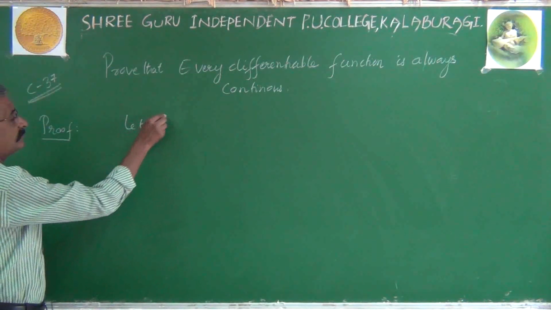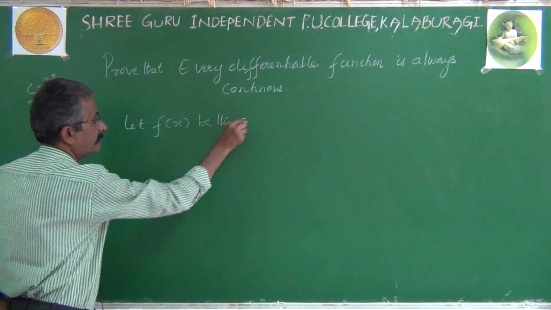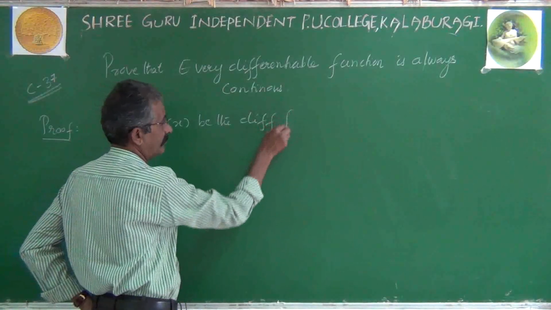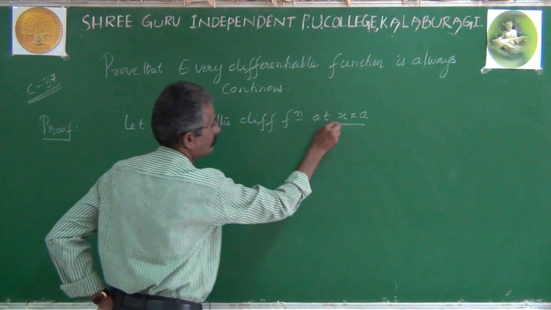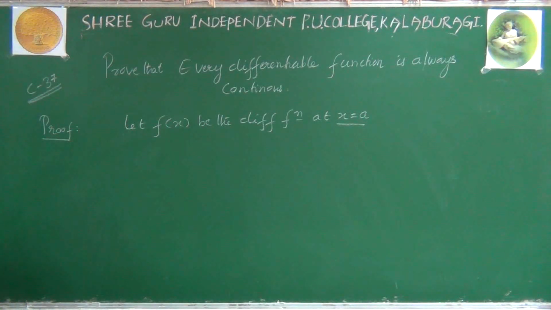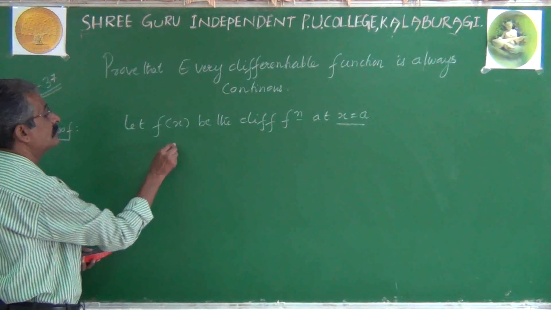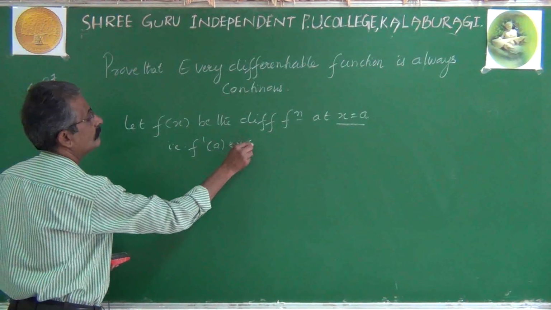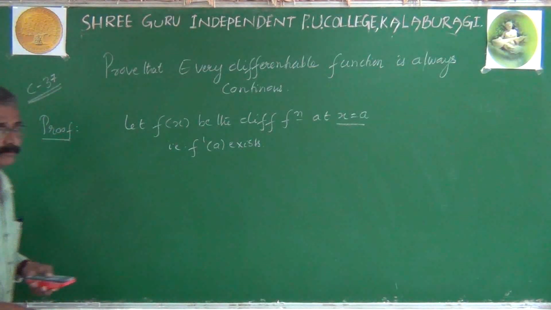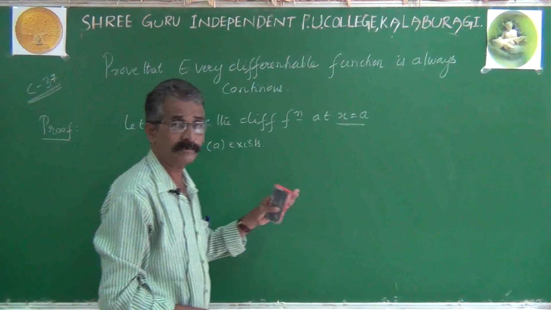Let f(x) be a differentiable function at x equal to a. Whenever a function is differentiable, means the derivative exists, that is f dash a exists. What's the meaning of f dash a exists? f dash a is a fixed real number.